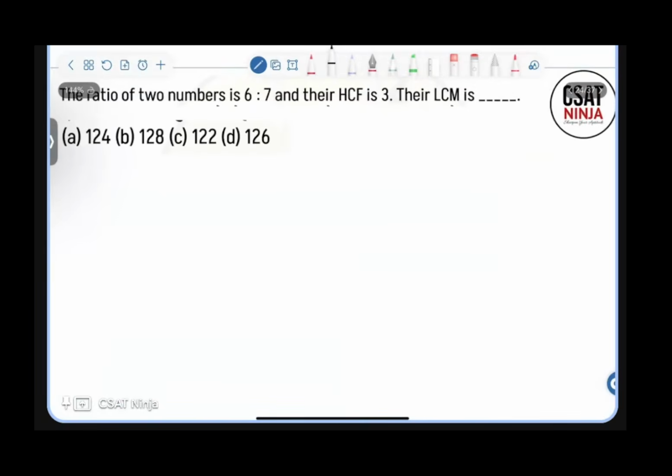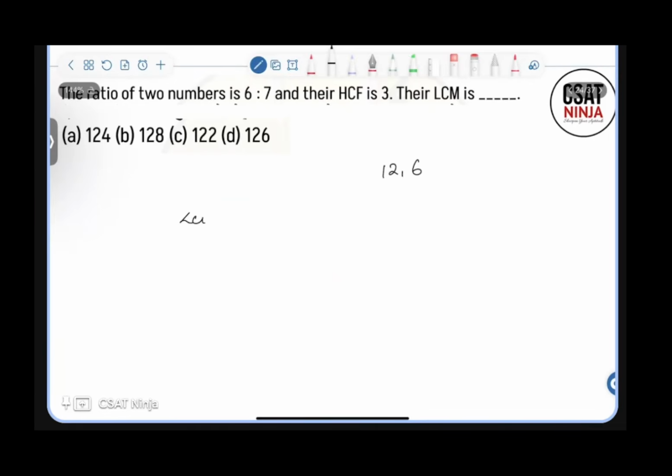Let me take an example of 12 and 6. I have two numbers here, 12 and 6. If I want to find the LCM of 12 and 6, how much is it? 2 6s are 12, 2 3s are 6, and 3 2s are 6, 3 1s are 3. So the LCM here is 12.